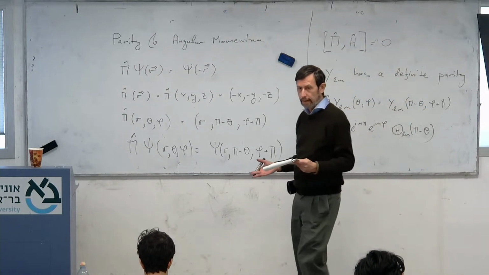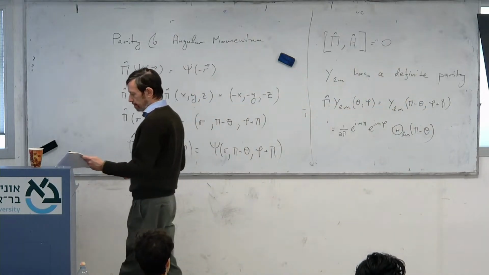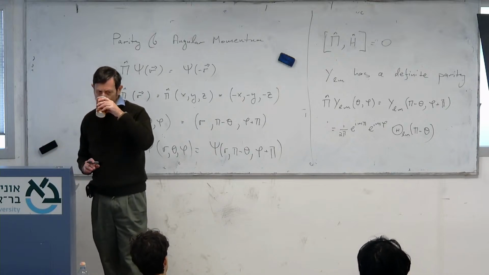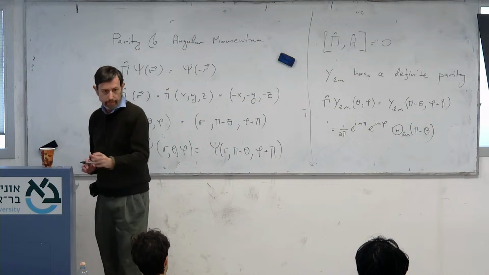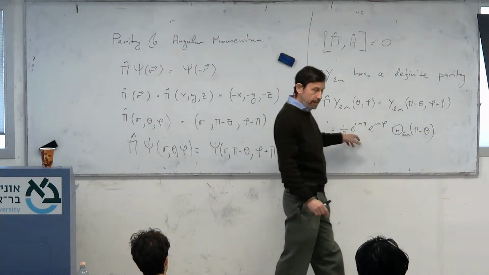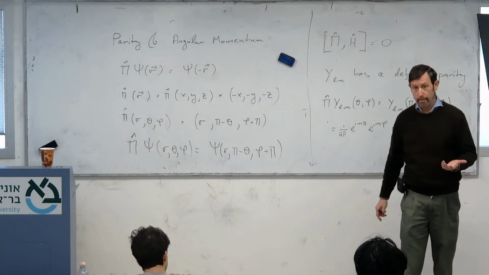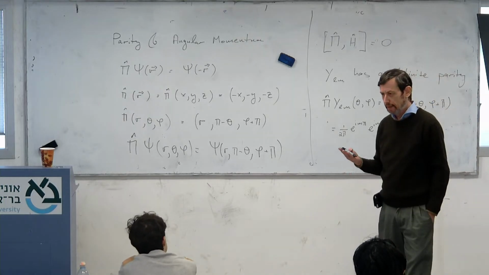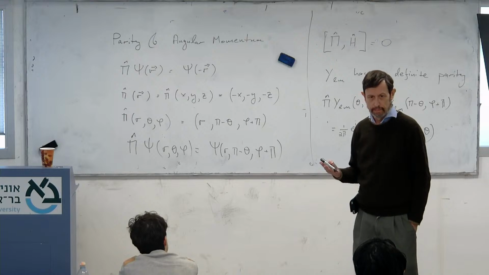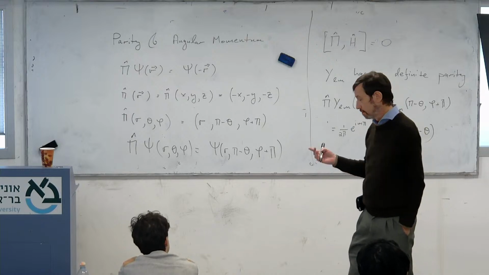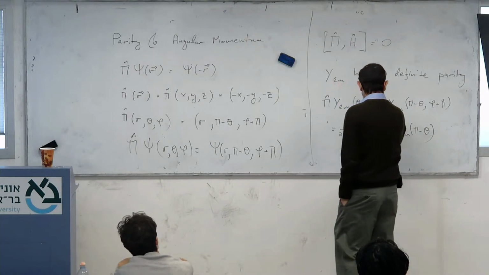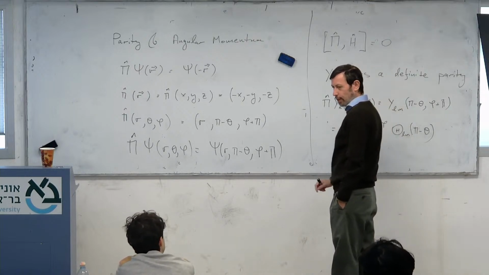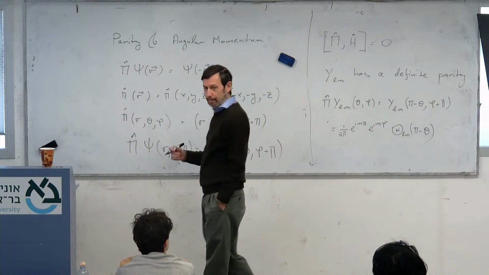I wrote it down explicitly. So here I'll get a plus or minus 1 depending on whether n is even or odd, just because of this term. We have to see what happens with this guy when we exchange theta to pi minus theta.